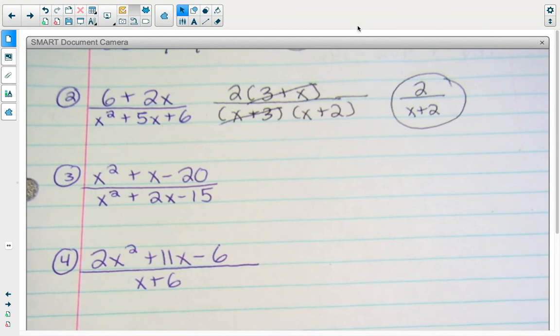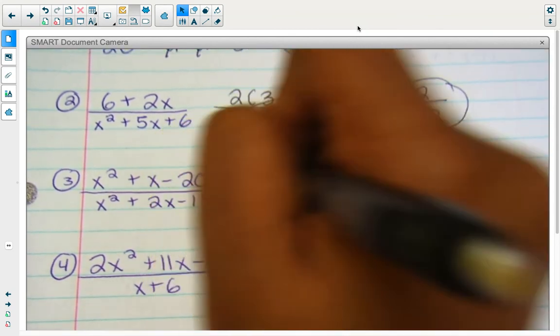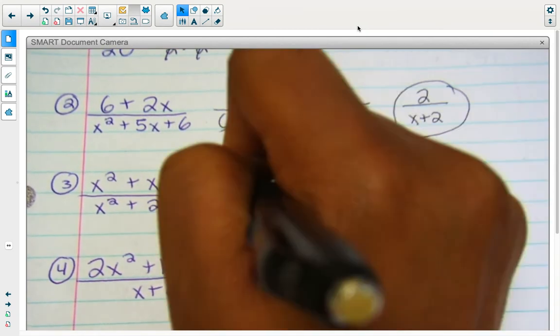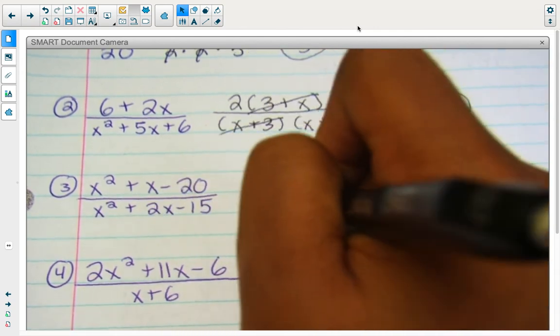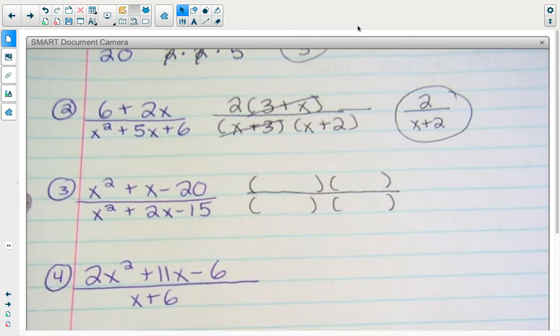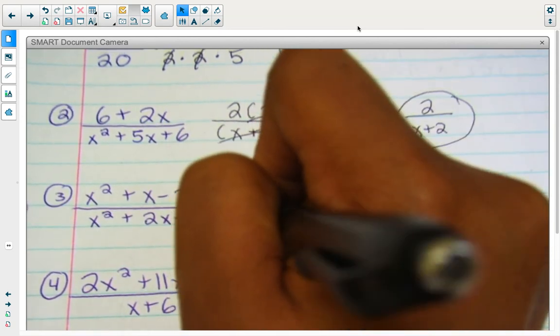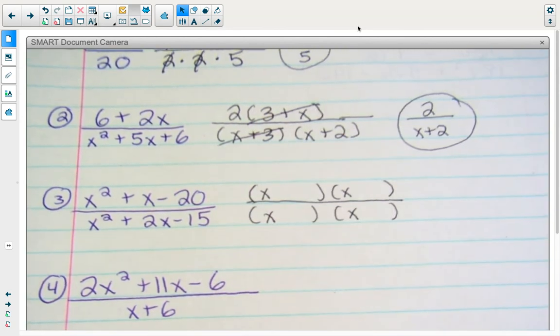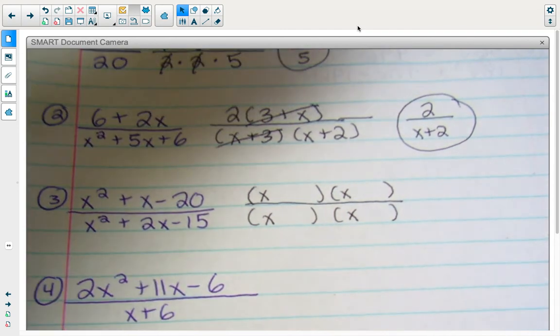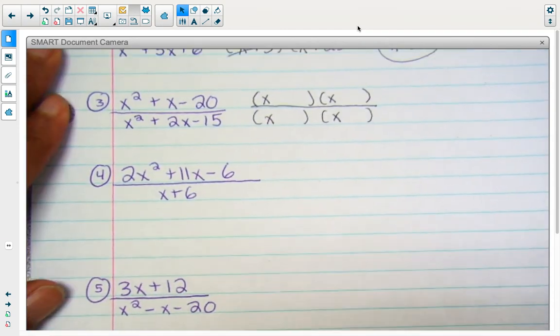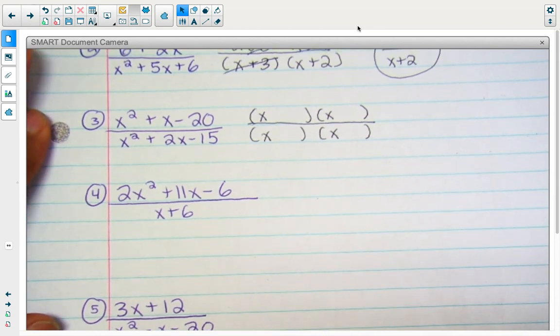All right, moving on. Number 3. So number 3 is what I call factoring like normal with the 2 sets of parentheses. So we can go ahead and set those up. We can go ahead and fill in our x's. All right, in the numerator, we need 2 numbers that multiply to give us negative 20 and then add to give me positive 1.